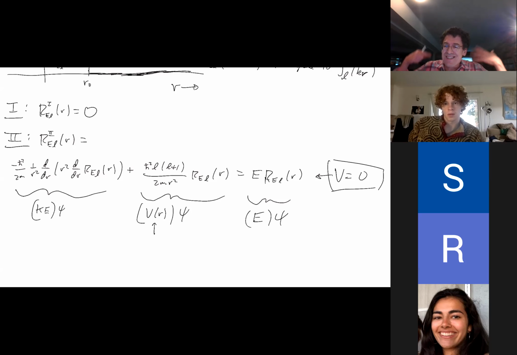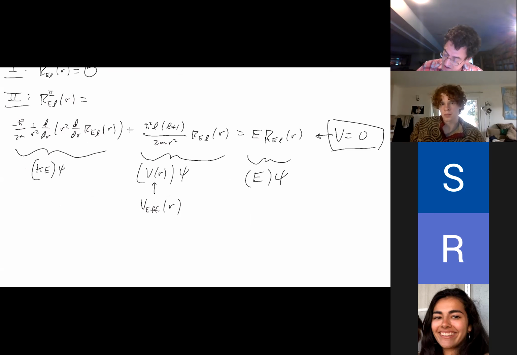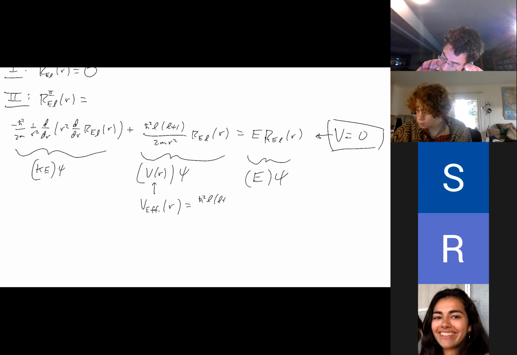The centrifugal term. Yeah, exactly. Good. That's exactly right. And so it's an effective potential. And you guys have thought about this back when you were doing the hydrogen atom. I know you all thought about this at some point or another. It's an effective potential, h bar squared L times L plus 1.